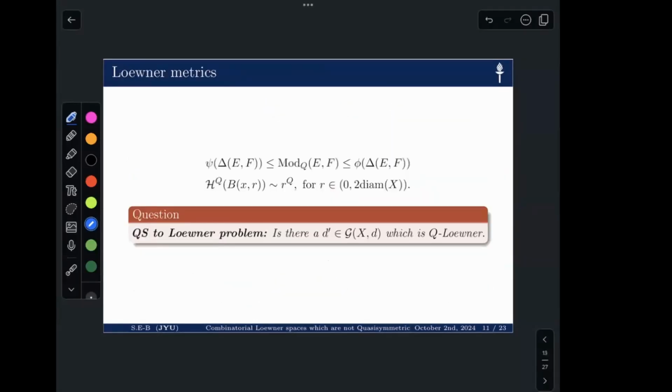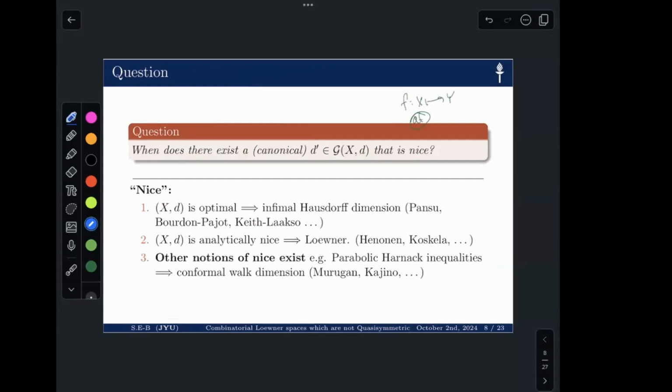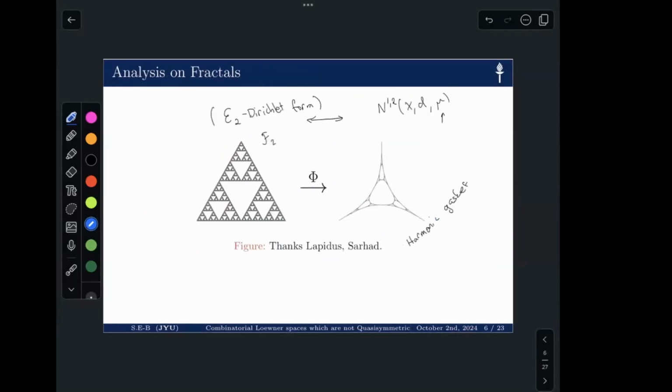I won't say something because this is also a topic of ongoing research, but it's maybe partly related to this third point that there are also other notions of niceness, especially related to potential theory. And one of these is this conformal walk dimension, and it's related to this picture. In this case, the Hausdorff dimension minimization is not attained, so it's not quasi-symmetric to a one-dimensional space, which is Ahlfors regular, but its conformal dimension is 1.